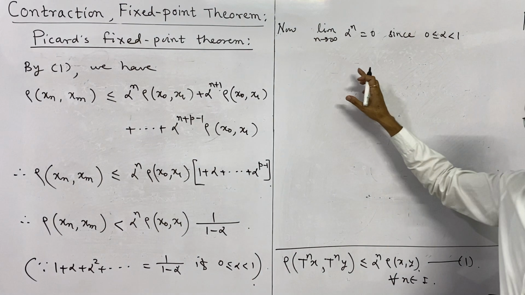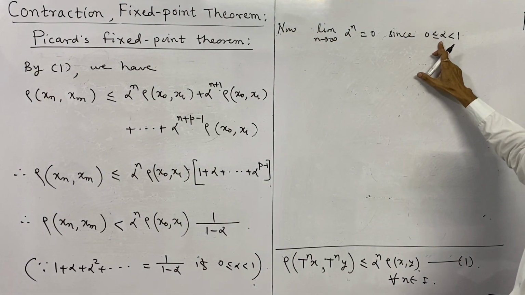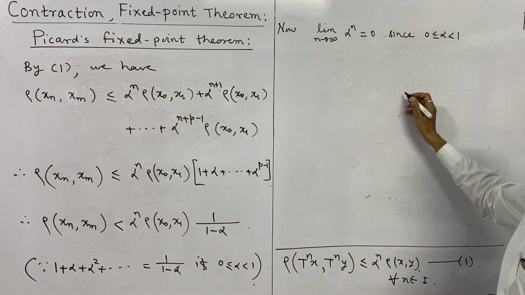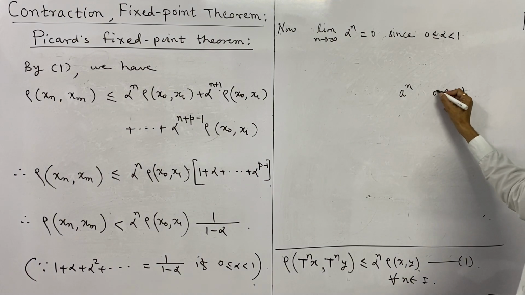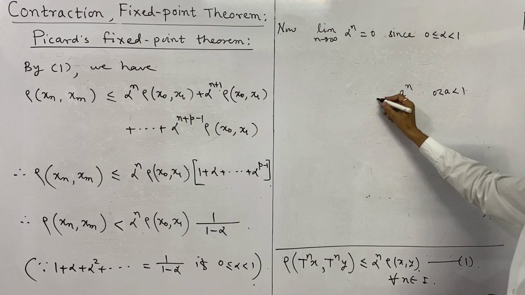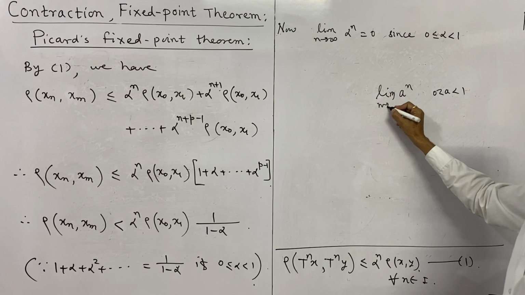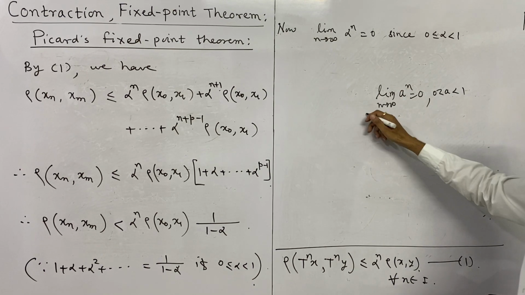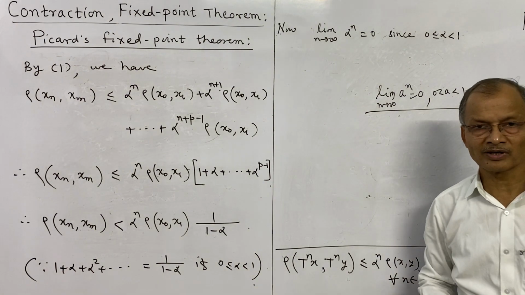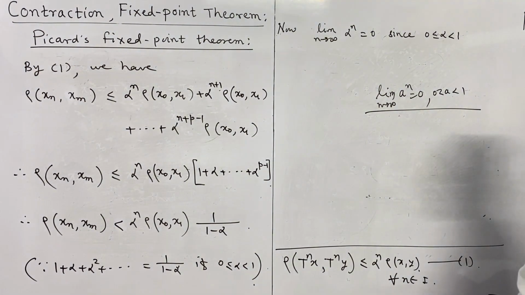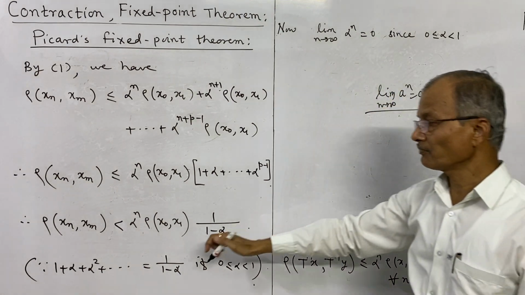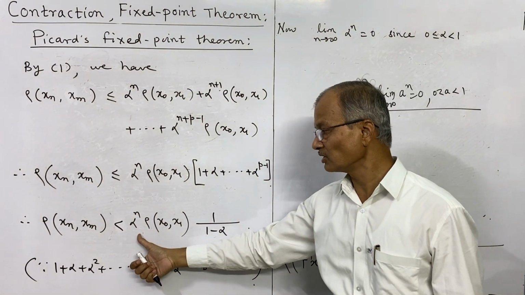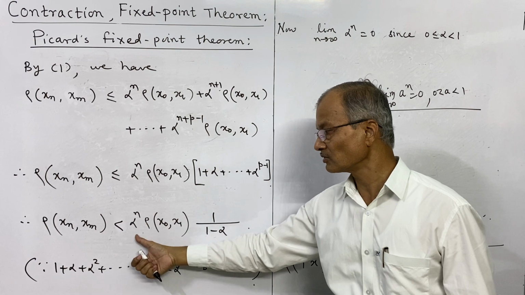This is a geometric sequence, and for a geometric sequence a power n, if a is between 0 and 1, then the limit of a^n as n tends to infinity is 0. We have studied this in the chapter of sequences, so that result is used. It means if you take the limit as n tends to infinity, this term becomes 0.